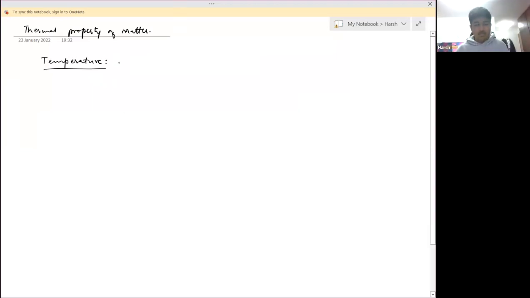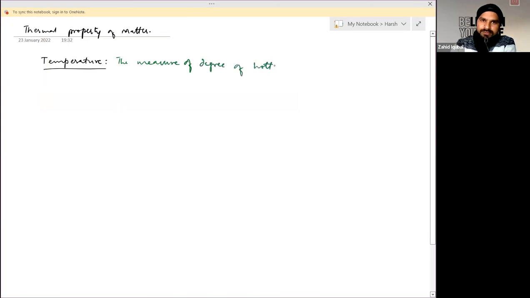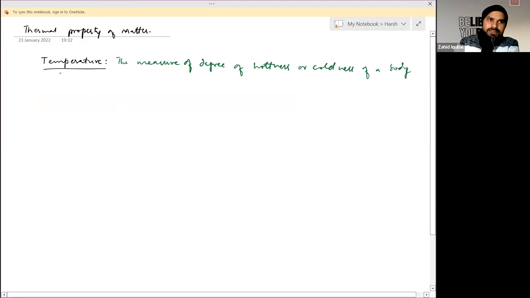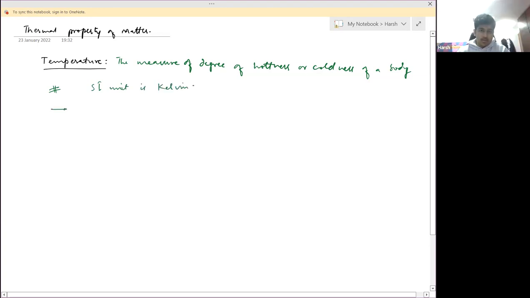So it is basically the measure of the degree of hotness or coldness of a body. Its SI unit is Kelvin, and we use a thermometer to measure it.